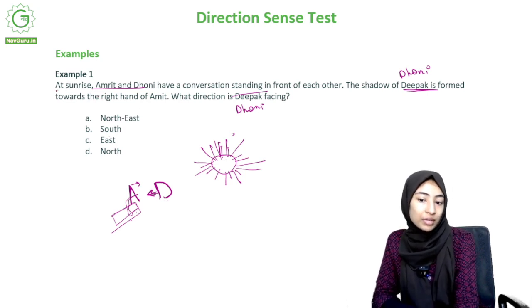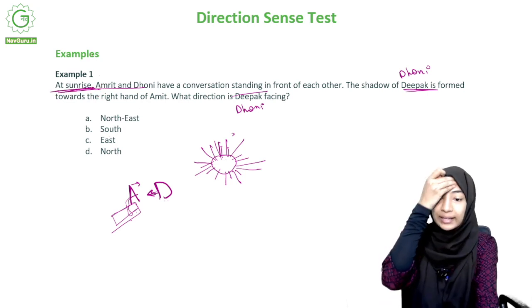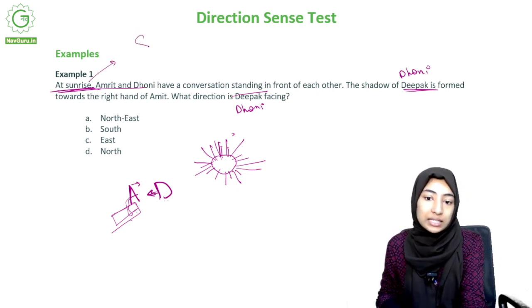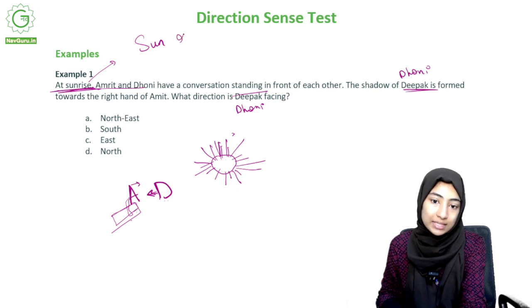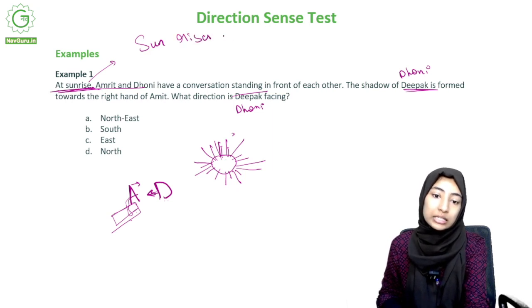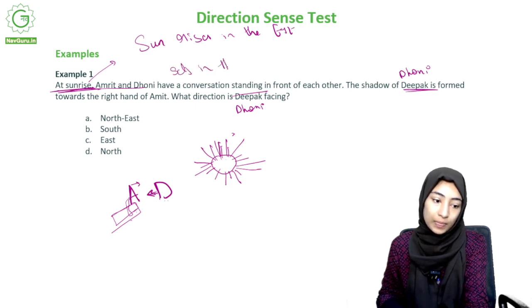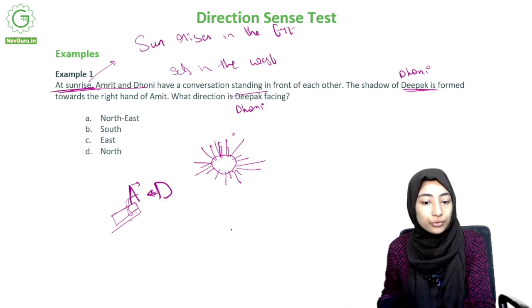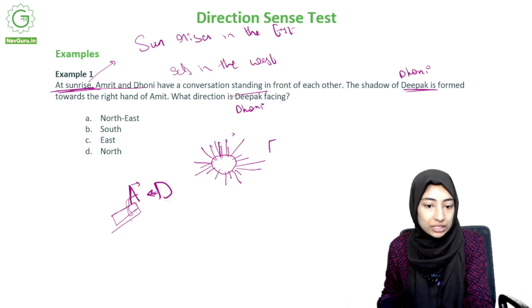Why? Because we have something called sunrise here. Where does the sun rise? It's something that we all know, right? Sun rises in the east and sets in the west. I'll just write it here. Sun rises in the east, sets in the west. This is something that we all know. So now, here, if the sun has risen here, this direction is the east.